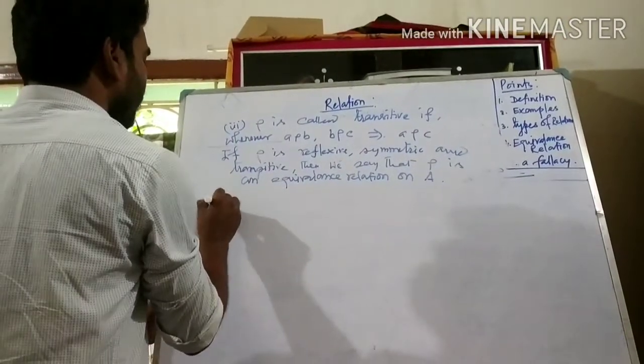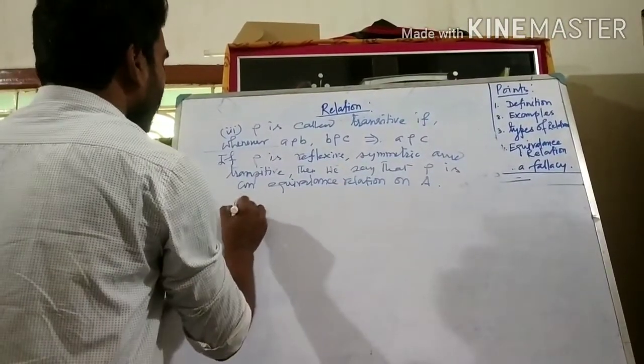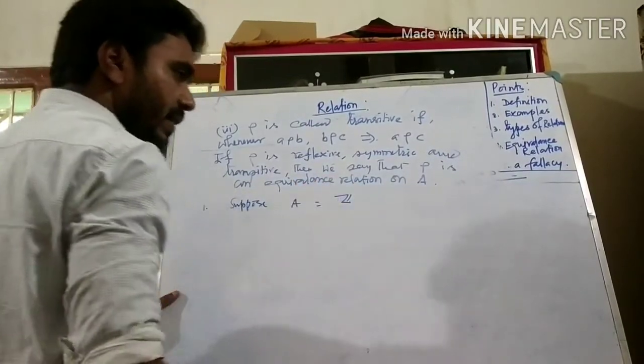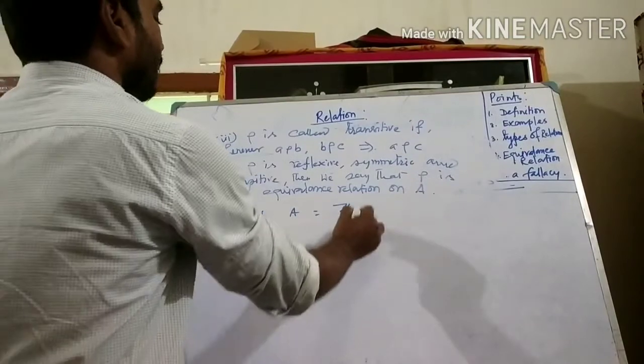Number 1. Suppose our set is Z, the set of all integers.